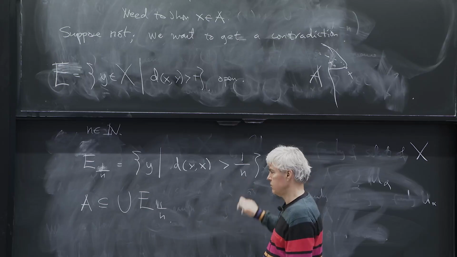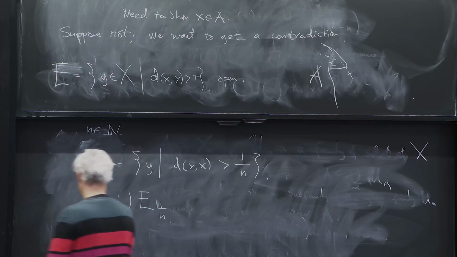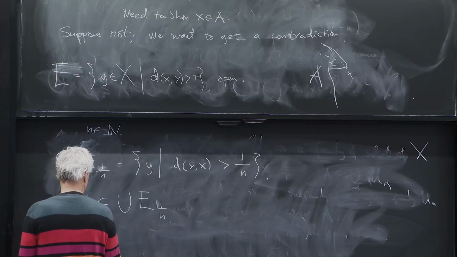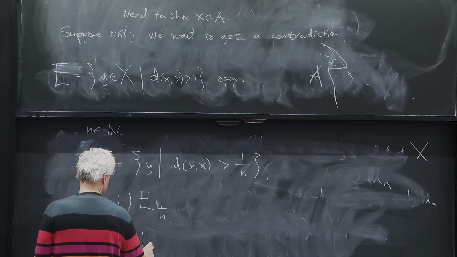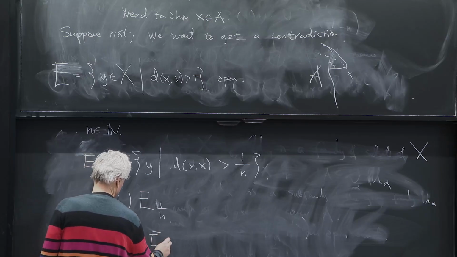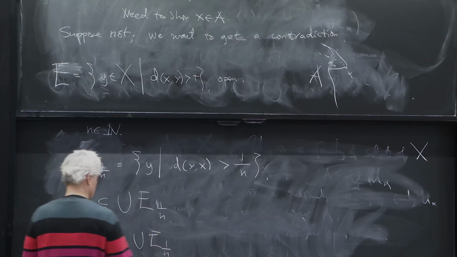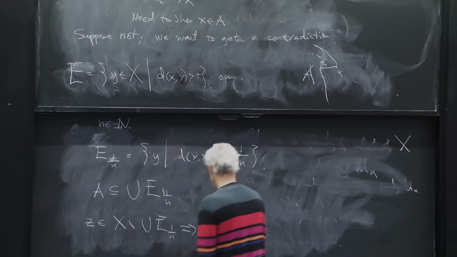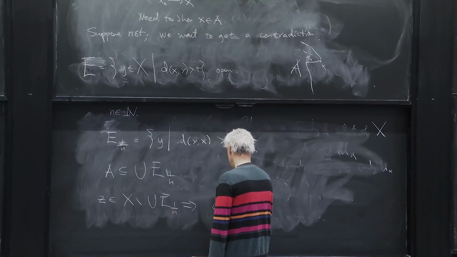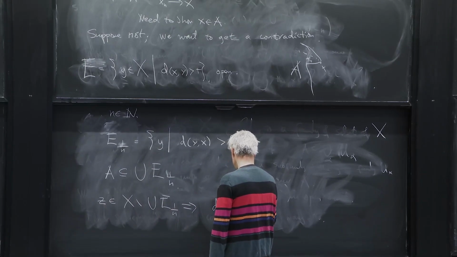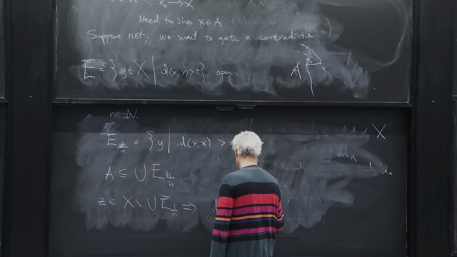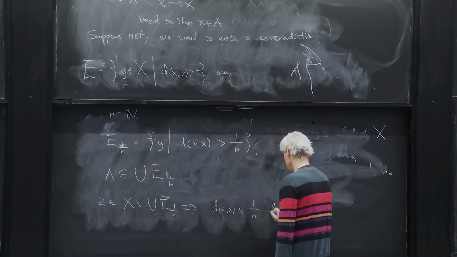So if z is in the complement of the union of these guys, then the distance is less or equal to 1 over n for all n.